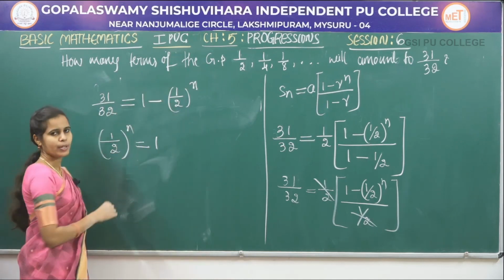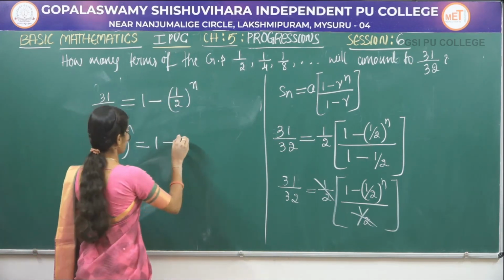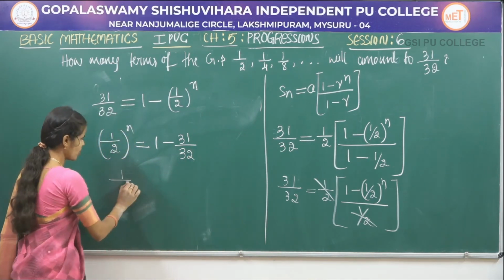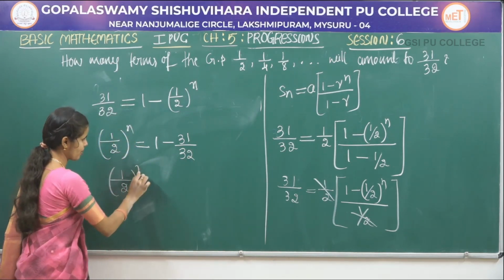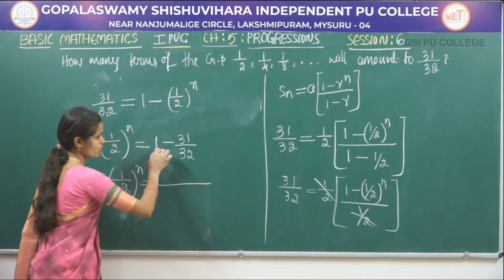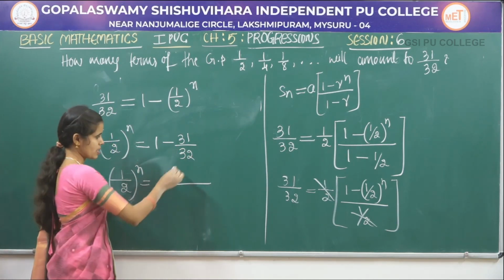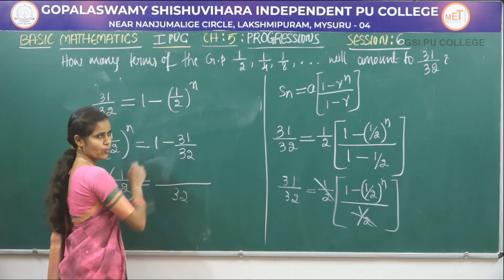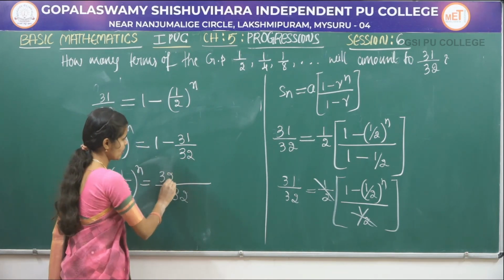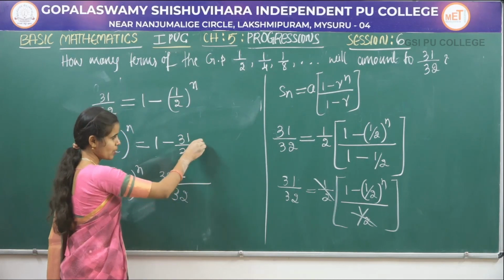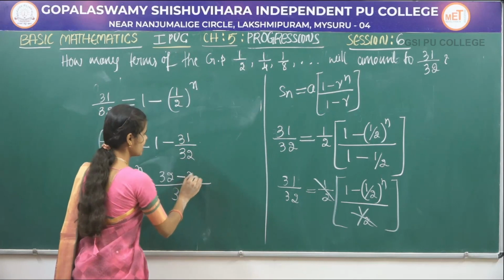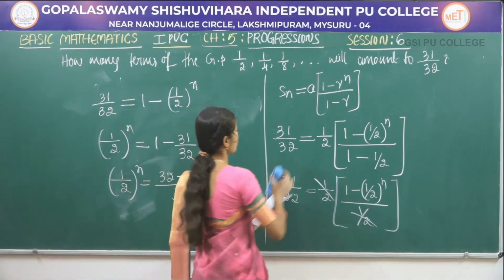Take this term to the right side, it becomes minus 31 divided by 32. So 1 by 2 whole to the power of n is equal to, subtracting these two terms, the LCM for 32 and 1 is 32. 32 into 1, 32 minus 31 divided by 32 into 32. So 32 gets cancelled.